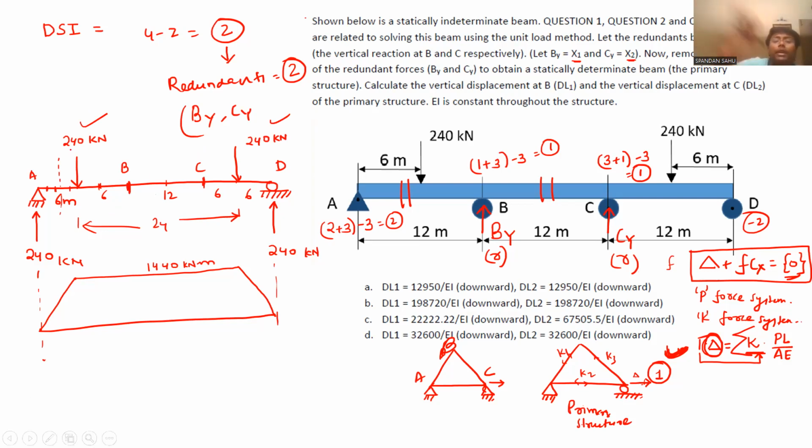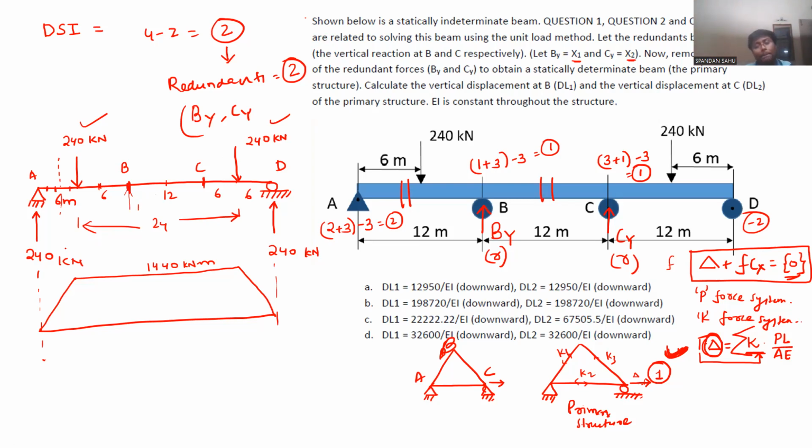Now, remove that 240 kilonewton external load. Then apply one redundant force which you are taking as unity. Apply this 1 unit load here. Under that load, when you draw that bending moment diagram, you will again see that along the length, when you are considering the bending moment equation, for each span it will vary.